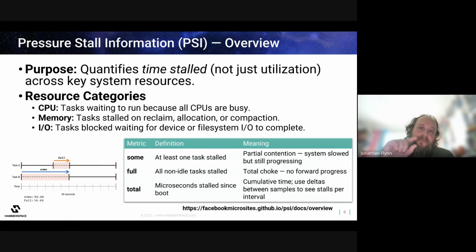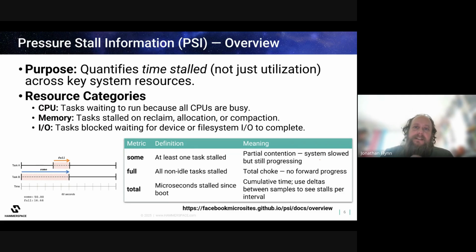The way it's reported, though, is in three metrics, and that's some, full, and total. Some is at least one thread or one task has been stalled during a time segment. Full is a time segment in which all threads that are active have stalled due to one reason or another.